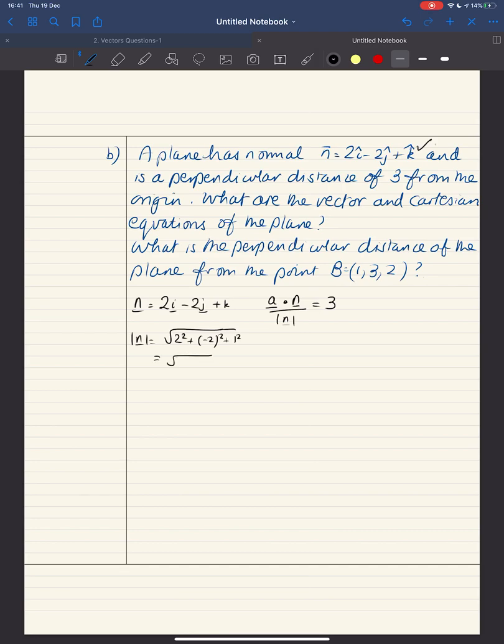So it's the square root of 4, and 4 is 8, and 9, which is 3. There we are. So a dot n over 3 is 3. So therefore a dot n equals 9. Okay. I've used that.